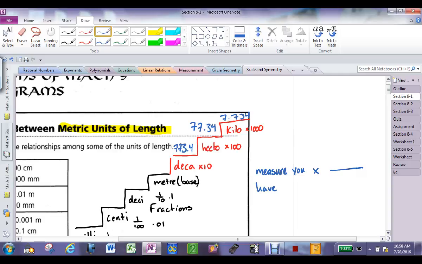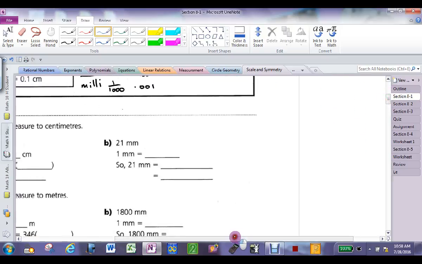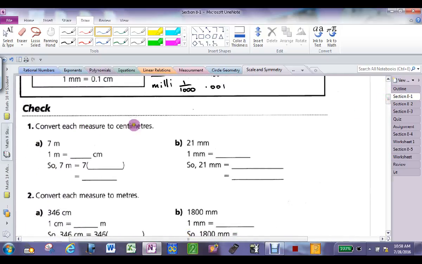Okay? And the fraction is always the same thing. The measurement you want, right, over the measurement that you don't want. And I'm going to show you this right now, okay? We're going to use both of these. So we're going to convert each measurement to centimeters.